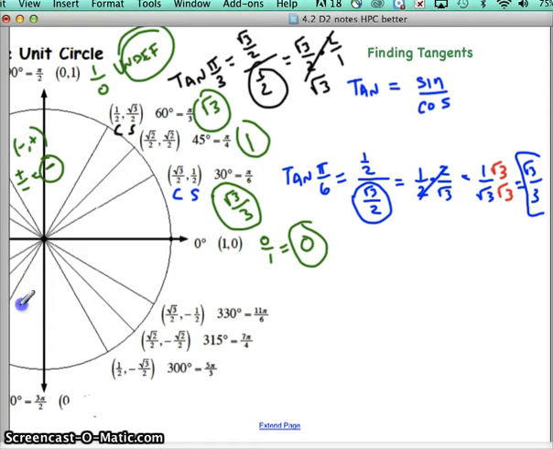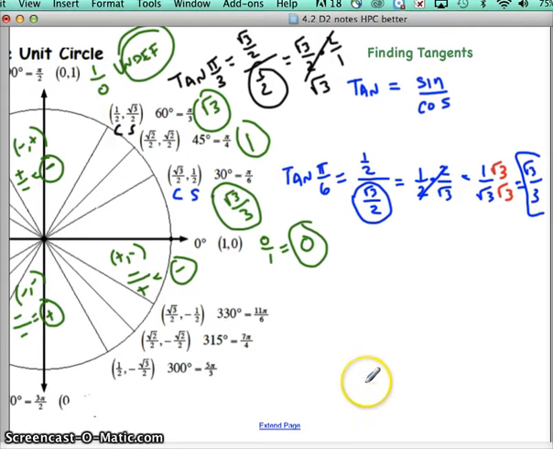Down in the third quadrant, everything is negative, negative. So if I do sine divided by cosine, a negative divided by a negative, I'm going to get a positive tangent over in the third quadrant. In the fourth quadrant, everything is a positive, negative. So then when I take sine divided by cosine, a negative divided by a positive will still be a negative.